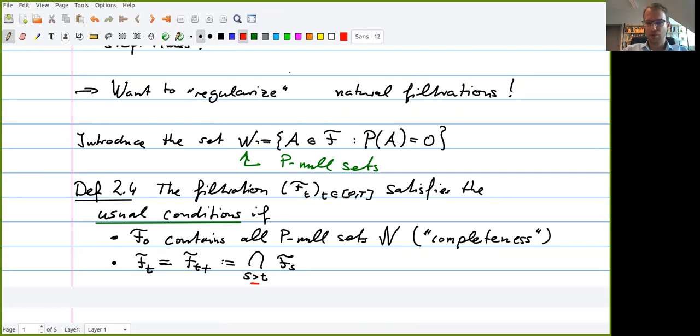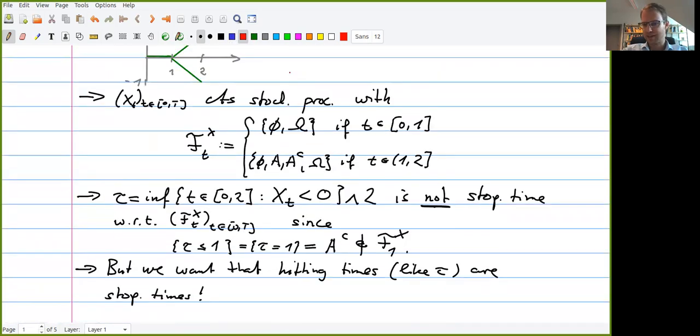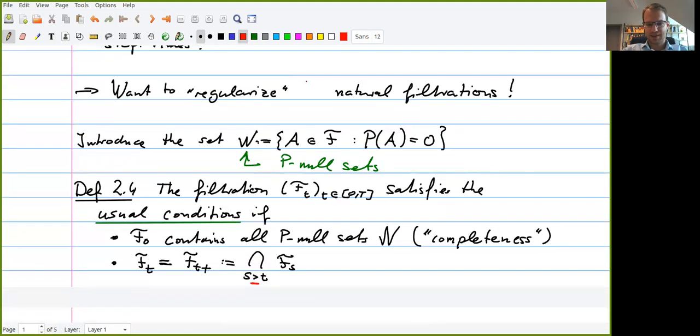If you look at the example, as I said, this will not be fulfilled at time 1. And I want this to hold true for all t. I exclude here the terminal time because it has no right side. So this is what's called right continuity.